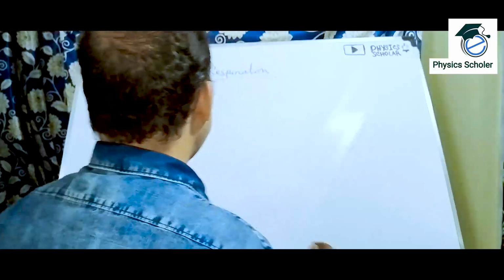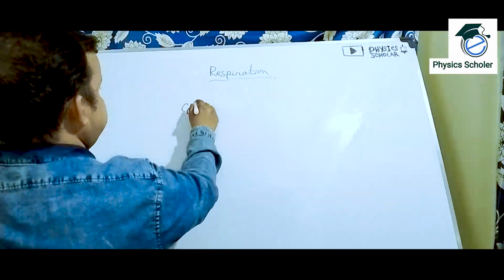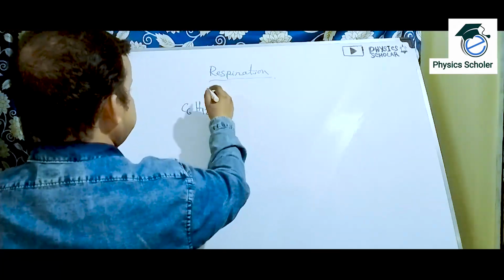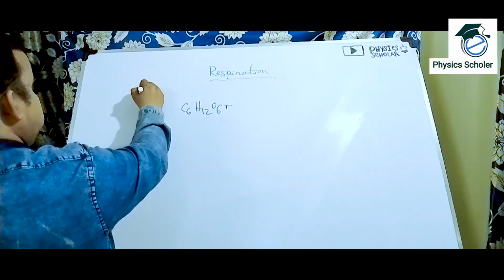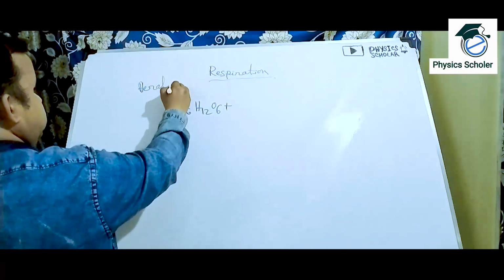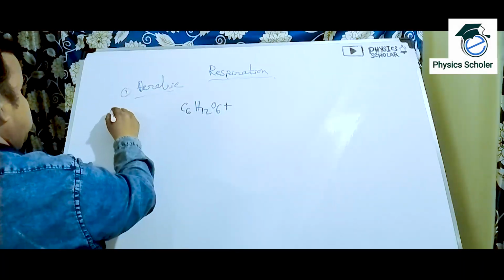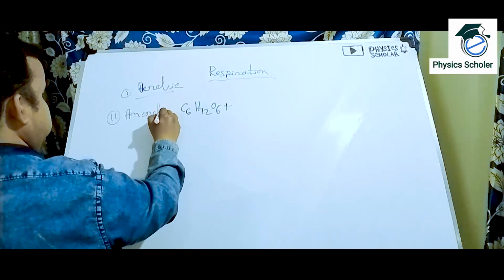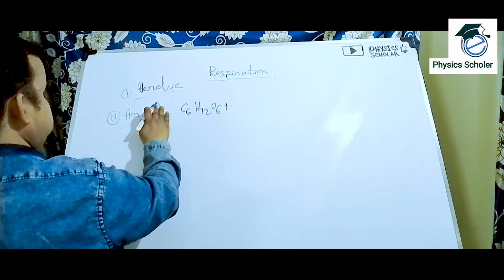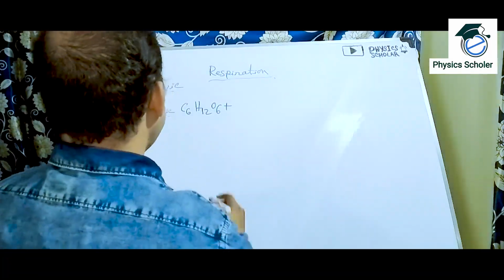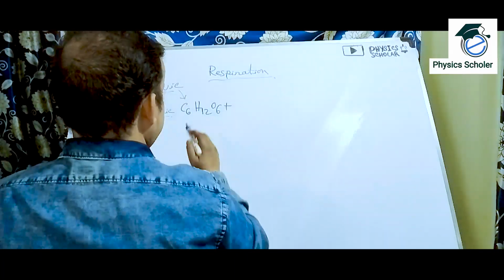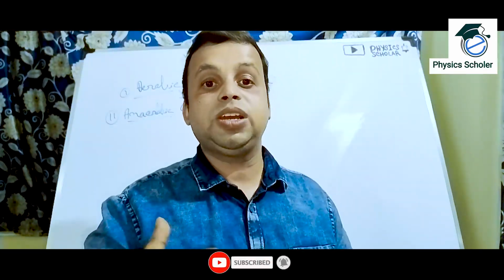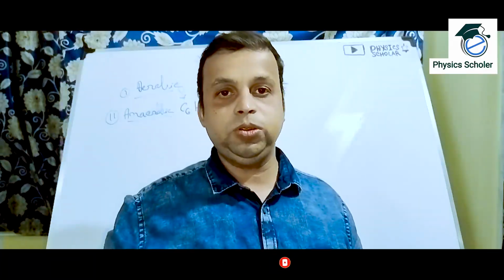So in respiration, especially of carbohydrate, there are two types of respiration: one is known as aerobic and the other is known as anaerobic. In the case of aerobic respiration, in the presence of oxygen, the food will be burned completely and release a complete amount of energy.